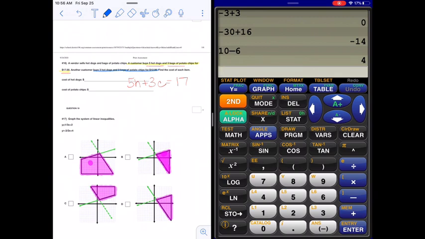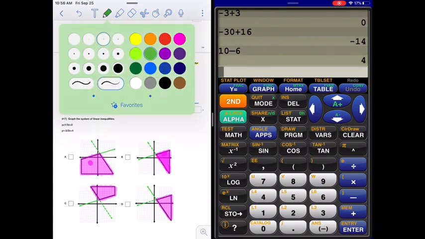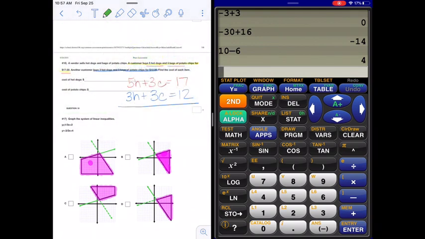So then let's go to this blue highlighted area. Another customer buys 3 hot dogs, so hopefully you're seeing the pattern here. So that's 3H plus 3 bags of potato chips, so 3C, for $12. So now I'm going to use elimination in order to solve for H and C. I'm going to change that to green here, and the 3C's, look at how nicely those are lined up.